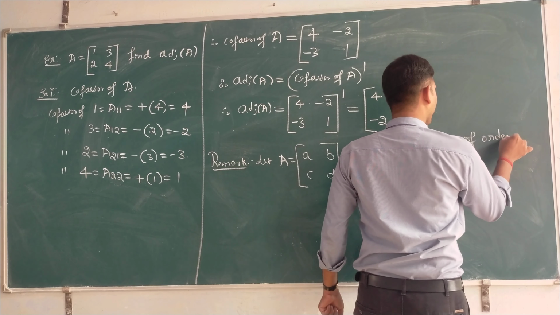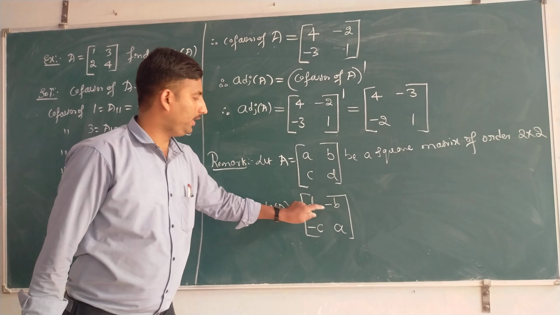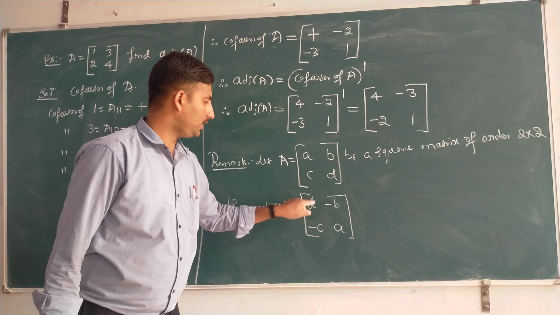Then adj of capital A is equal to: replace the diagonal elements, that is d, a, and for the rest of the elements change the sign, minus b, minus c. That is d, minus b, minus c, a.